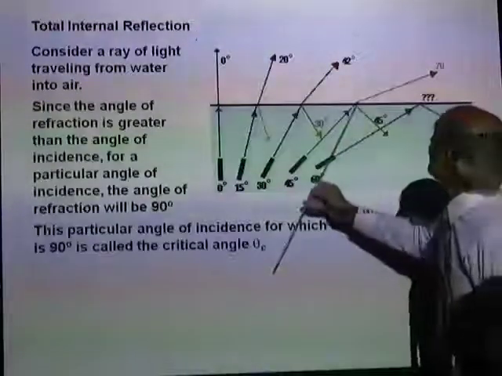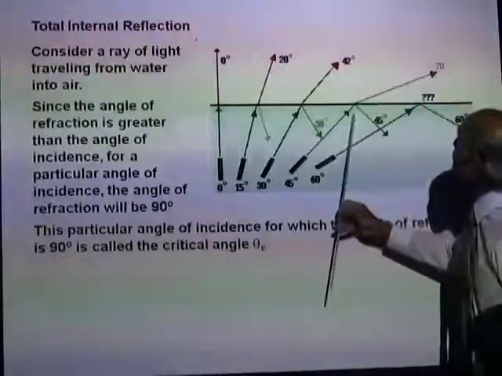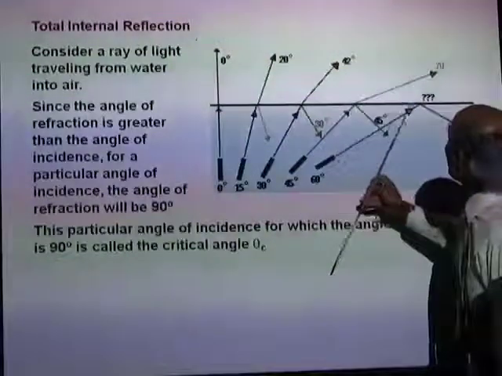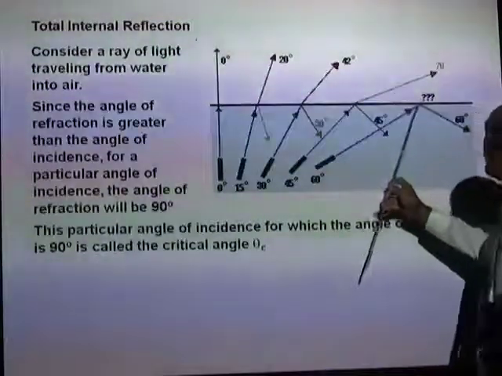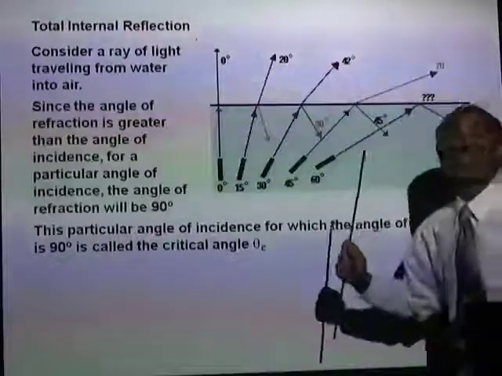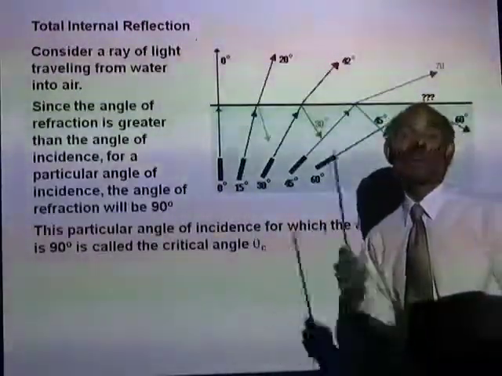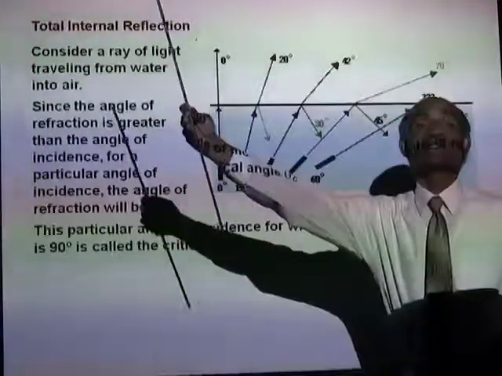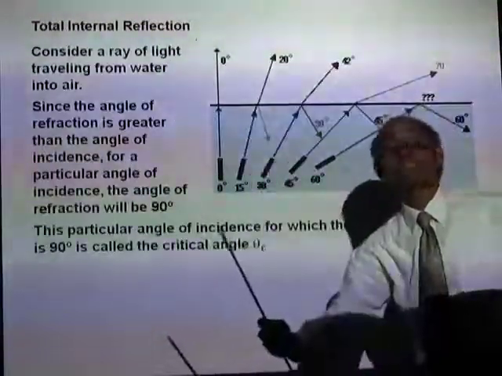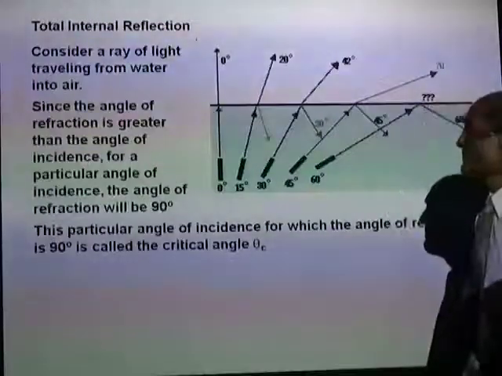Now, if the angle of refraction were greater than 90 degrees, where would the refracted ray go? It cannot go into the less dense medium, which means it will be sent back into the denser medium.